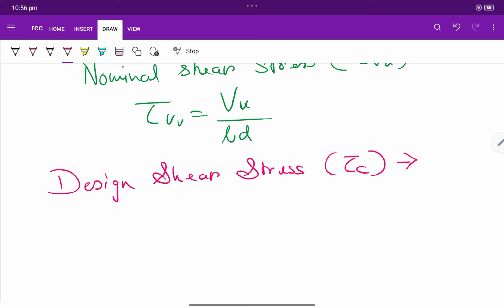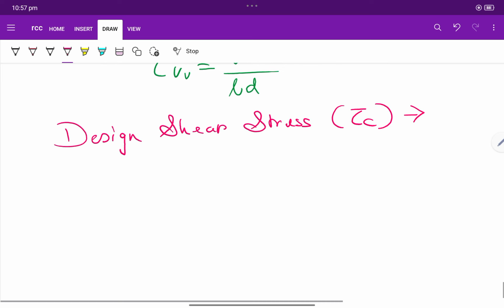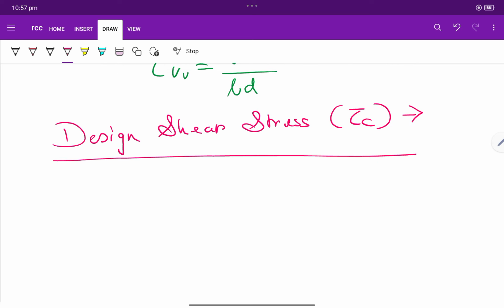We know that we get this tau c value from table 19, which depends on percentage of steel and grade of concrete.